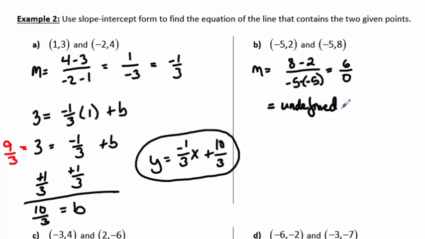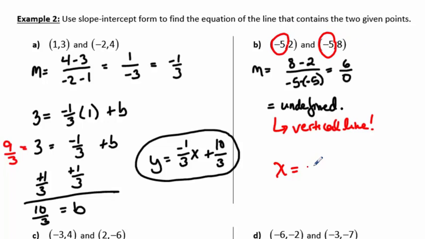I can't plug a value like undefined into an equation, but what undefined means is that the line is going to be a vertical line. And if it's a vertical line, the equation is x equals the x coordinate. Notice how your two x coordinates are the same number. X is equal to negative 5 is the equation of this vertical line.